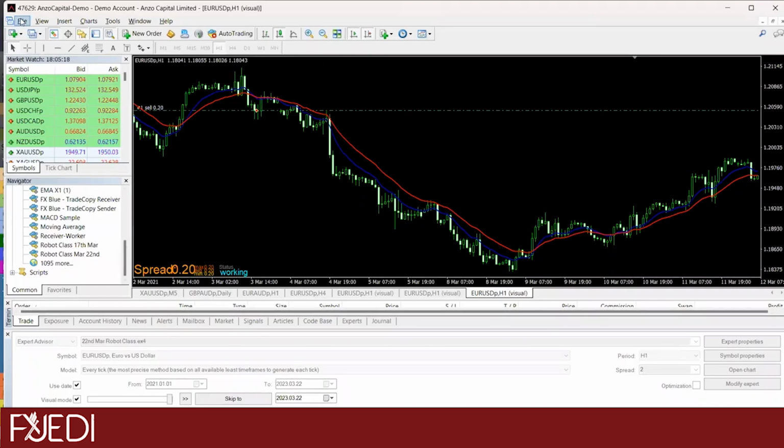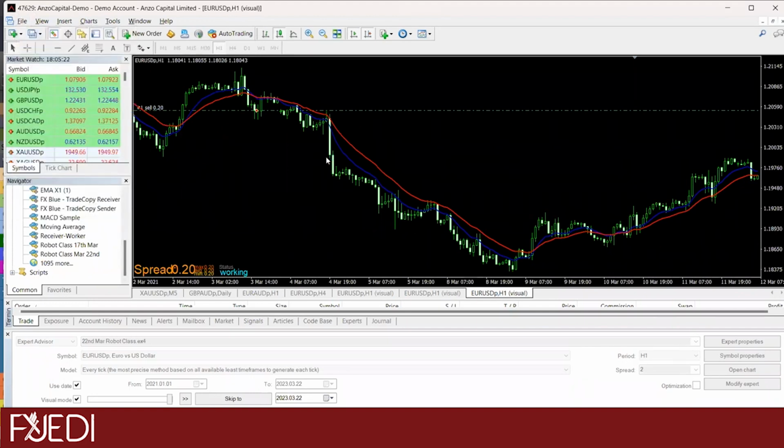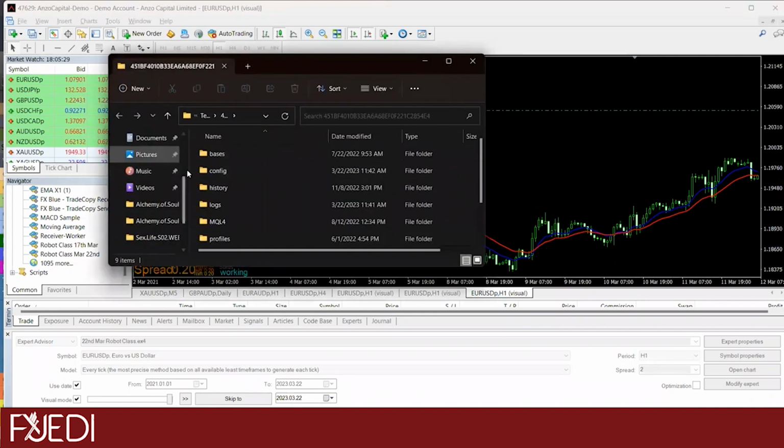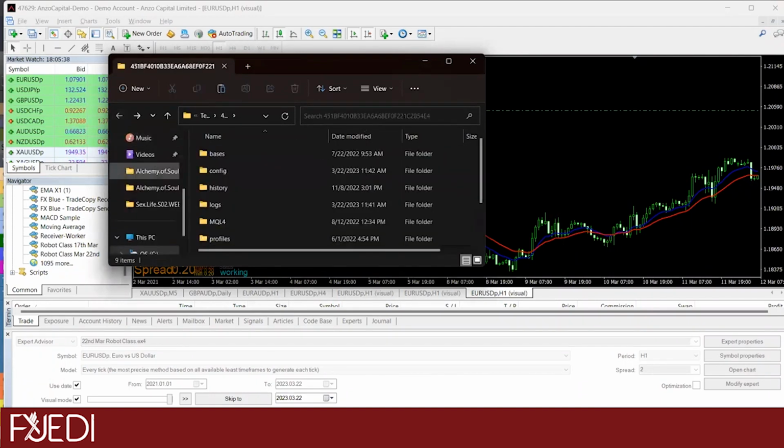Then we obviously do the same thing, go back to our file data folder. You need to go and copy our new downloaded file. So let's get that from our downloads. I'm going to just cut it, Control X, go back.